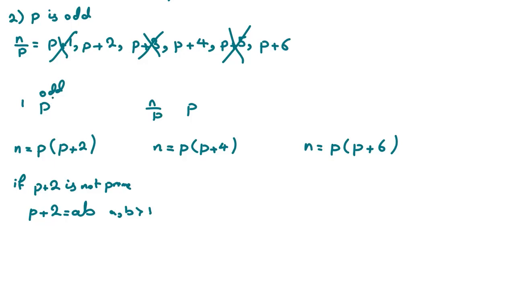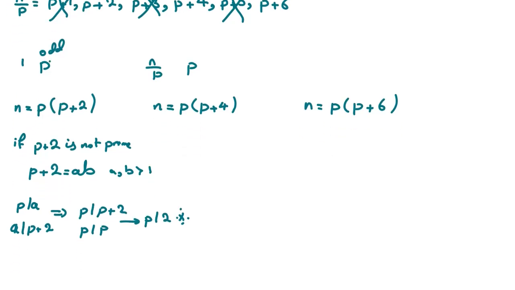But the smallest divisor greater than 1 is p, and a and b we know are not p. Why? Because if, for example, p divides a, we know a divides p plus 2. So p divides p plus 2, p divides p, and then p divides 2. That's a contradiction.